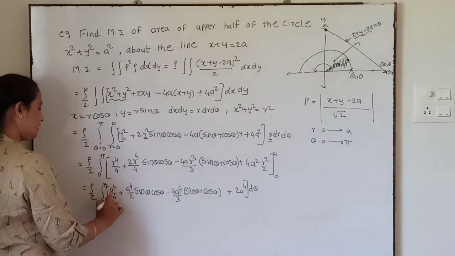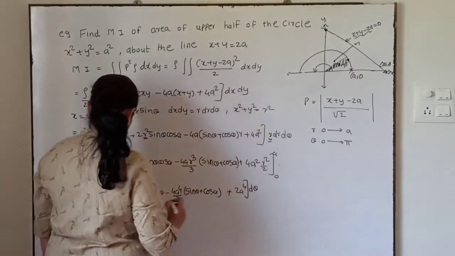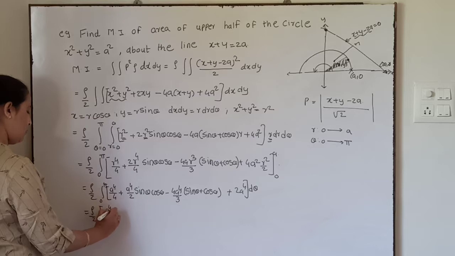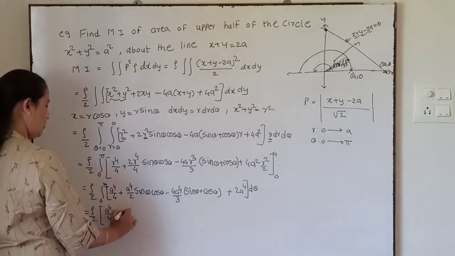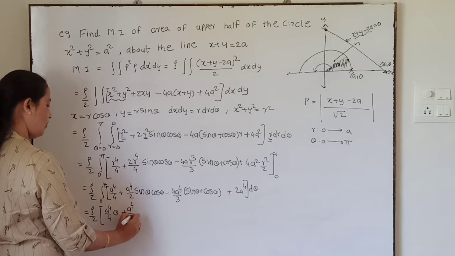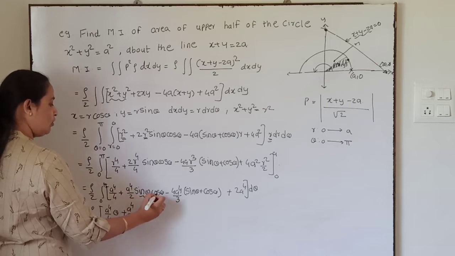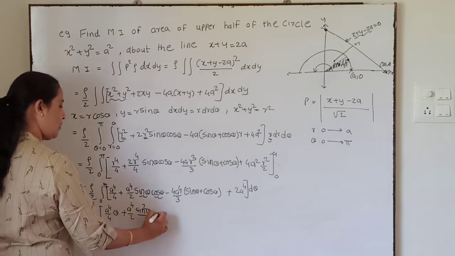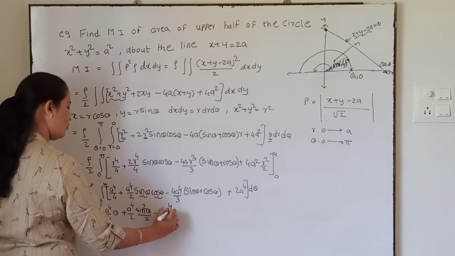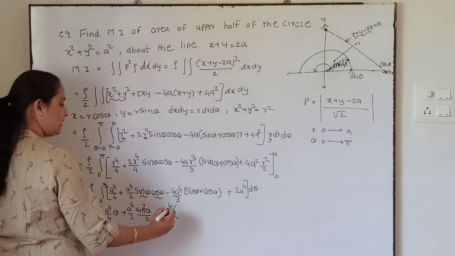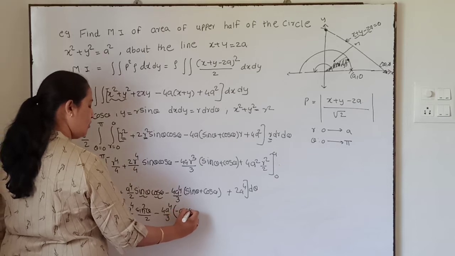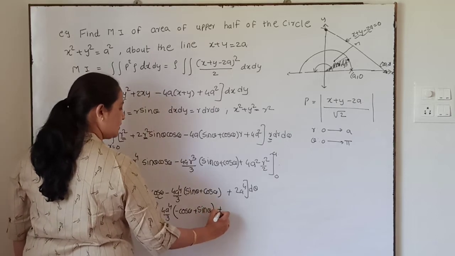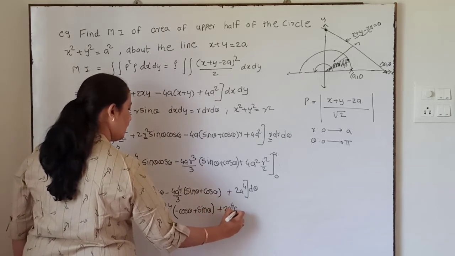Now I will integrate this with respect to theta. You will get rho by 2 in bracket: a raised to 4 upon 4 into theta, plus a raised to 4 upon 2 into sin theta, whose derivative is cos theta, so it is sin square theta upon 2, minus 4 a raised to 4 upon 3, the integral of sin theta is minus cos theta plus the integral of cos theta is sin theta, plus 2 a raised to 4 into theta.